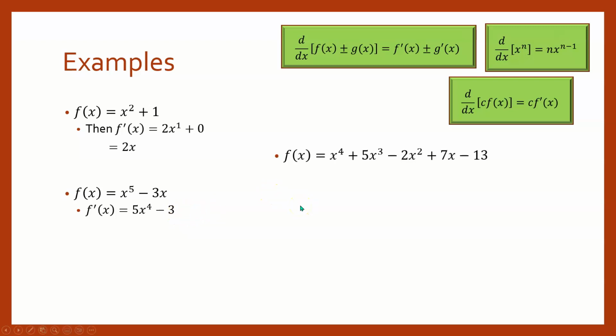What about if f of x is x to the fourth plus 5x to the third minus 2x squared plus 7x minus 13? Well, we can just differentiate this term by term.